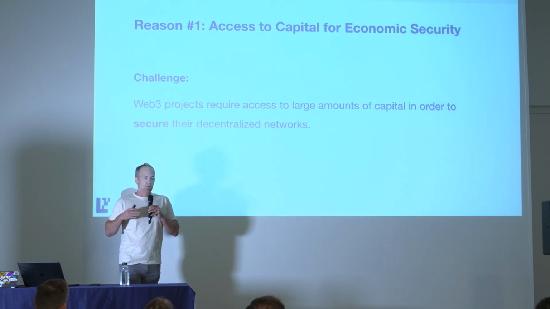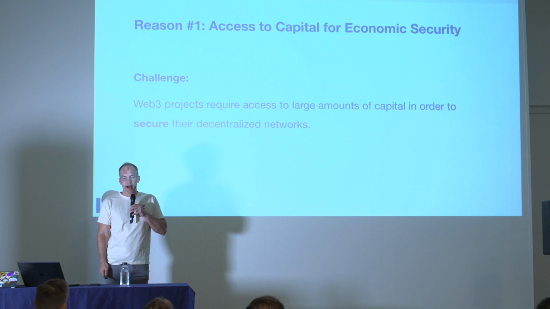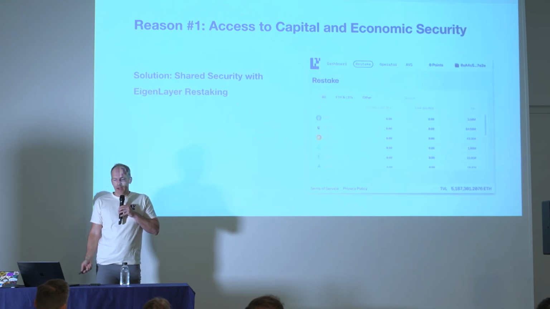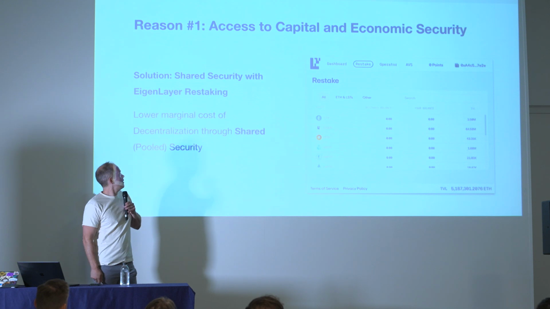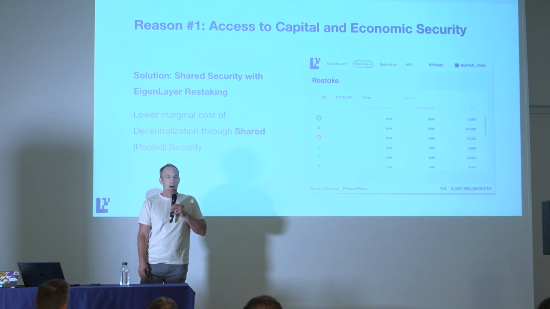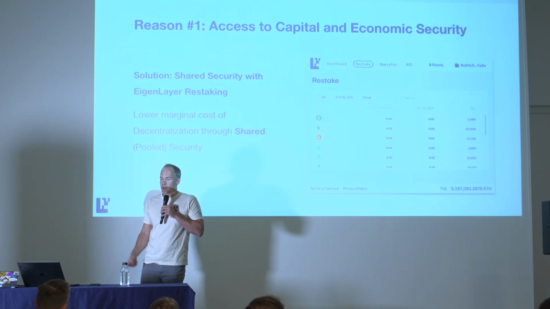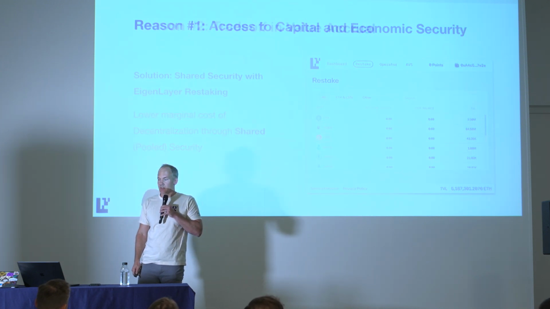In case you're going to launch a new L1 or a new dApp and something goes wrong, how much are your users compensated, or how much are people disincentivized from hacking that? With EigenLayer and restaking, we make a significant amount of that economic security available for anyone who's building a dApp. You can tap into that. It's shared security, it's available for folks, and it's pooled across different AVSs.